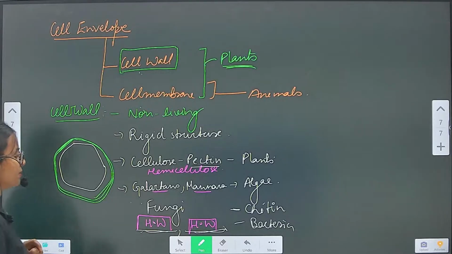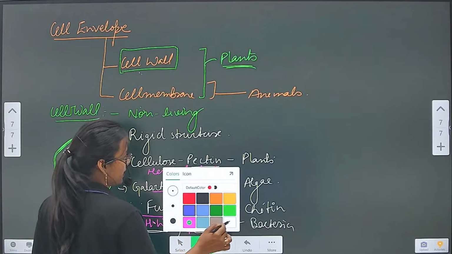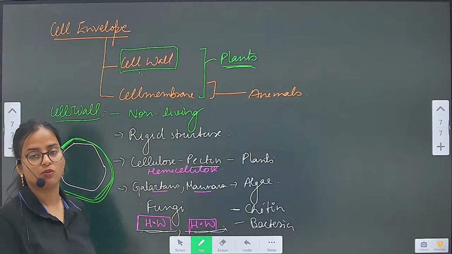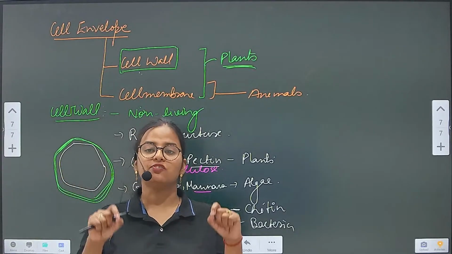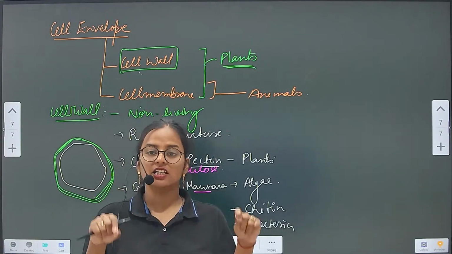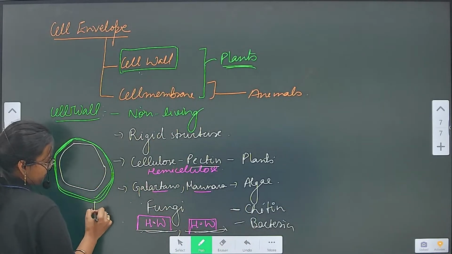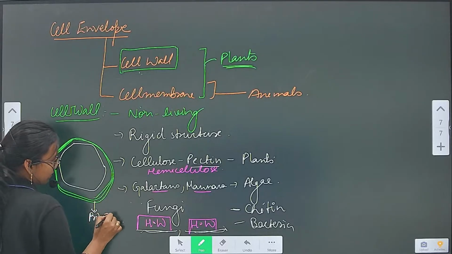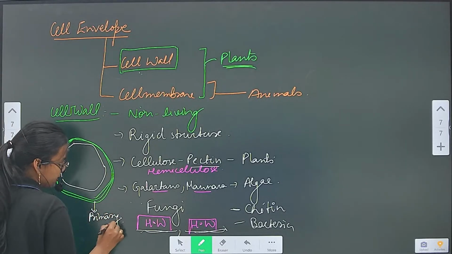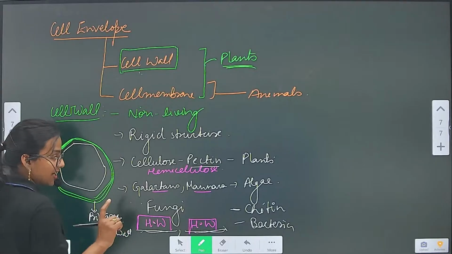Now one more thing you need to be aware of about the cell wall: the first formed cell wall, the initially formed cell wall, is simply called the primary cell wall, because we do first primary schooling.